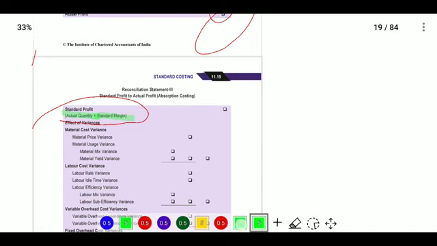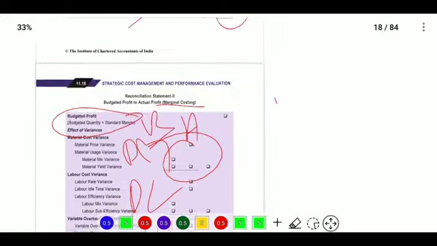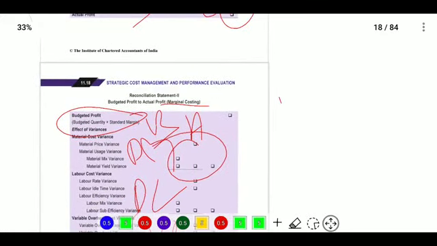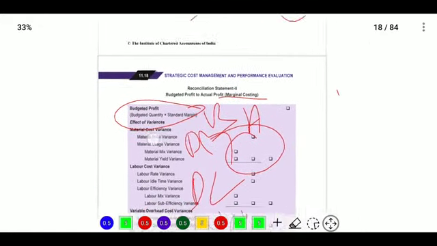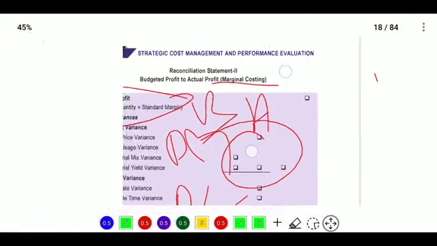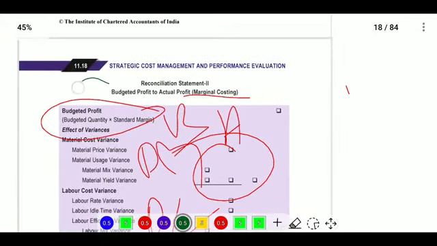Here from this we go from standard profit to actual profit. So when you are at actual profit, we will take the actual quantity. When you are comparing with budgeted profit, then we will take the budgeted quantity.